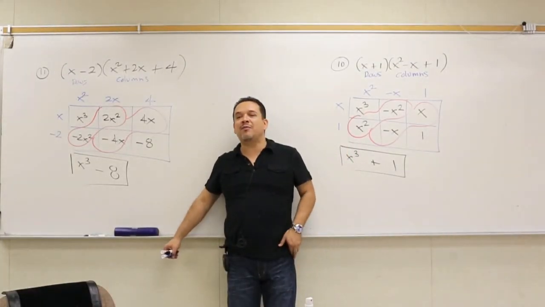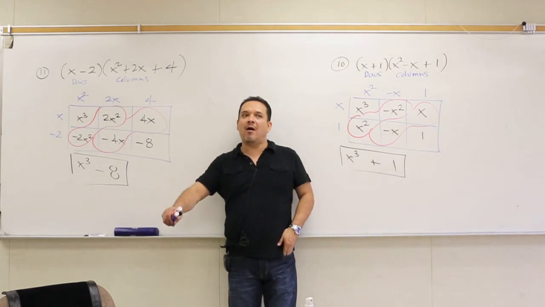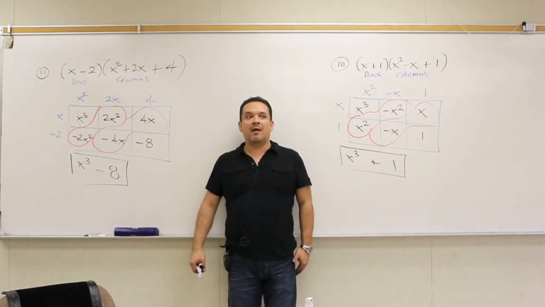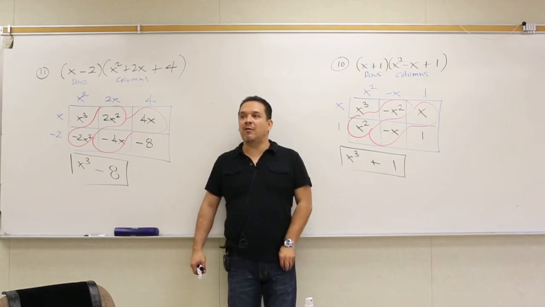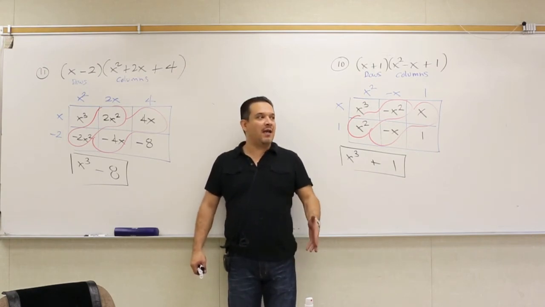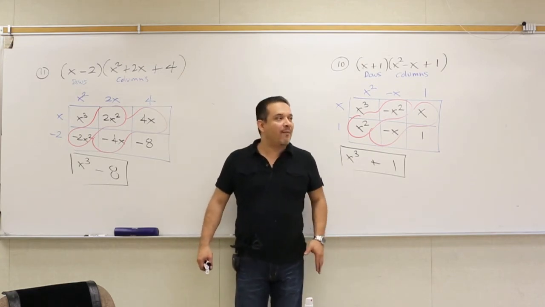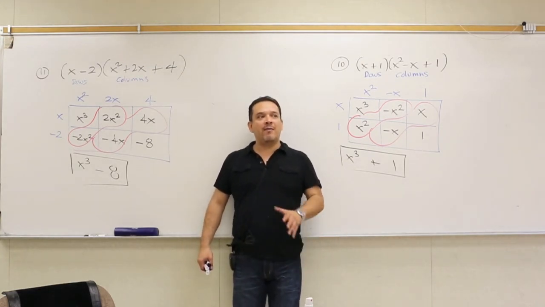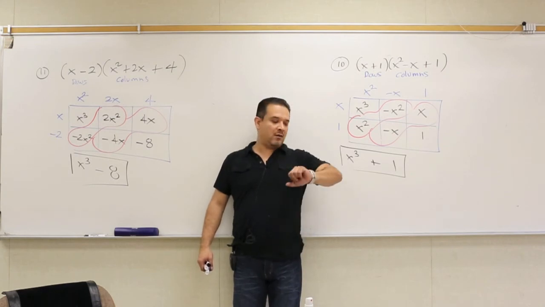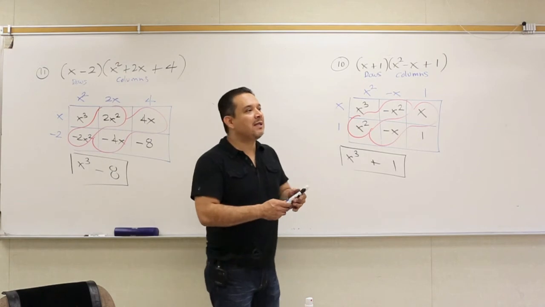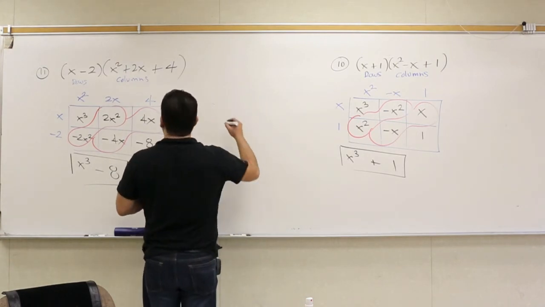Now, it may not be such a big deal to you right now, but come the next chapter, it's going to be a lot bigger a deal for you. So you should have seen, hopefully, some of these special cases. And when we get to the next chapter, I'm going to remind you and say, hey, remember what happened here? We got some time. Does this always happen? What do you guys think?